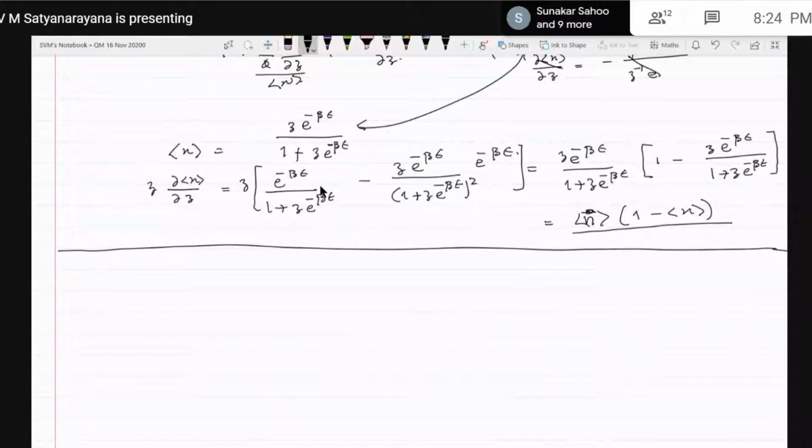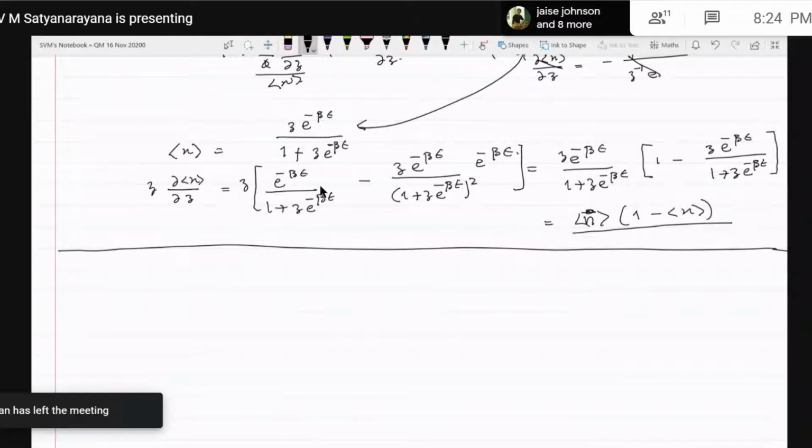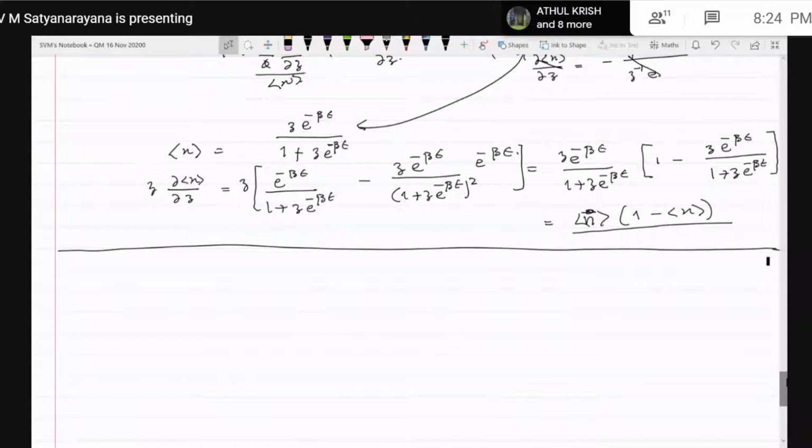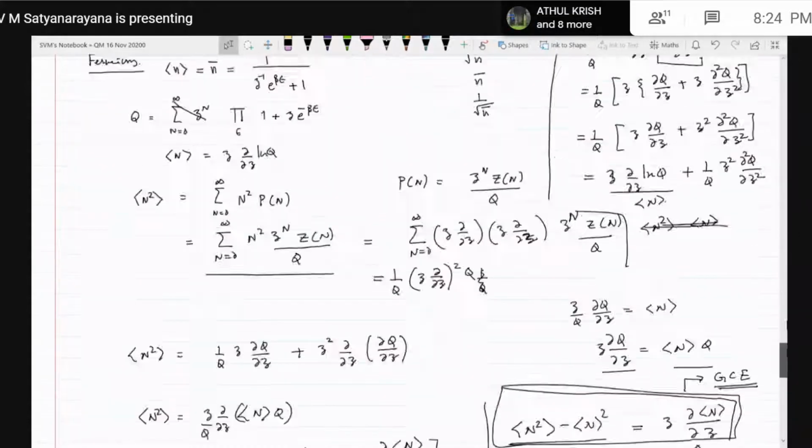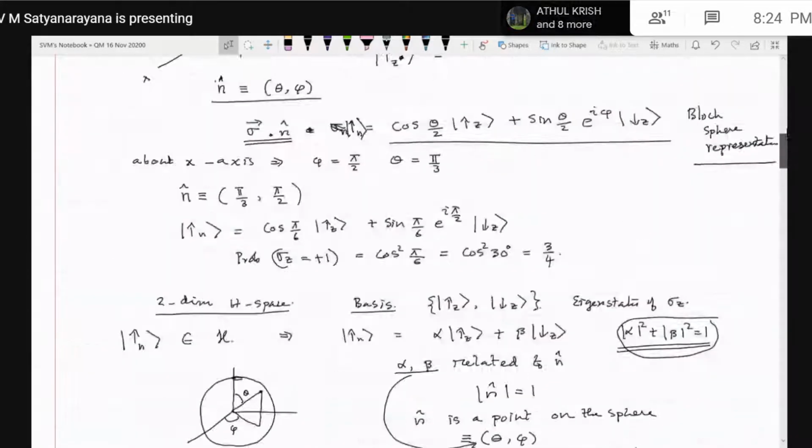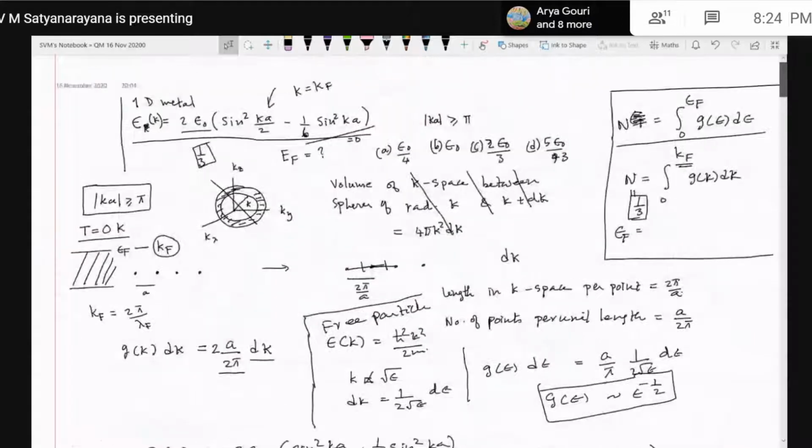Okay. Before I forget, I wanted to ask you whether there was any progress with some questions that we left yesterday. I think the first question you asked was about this dispersion relation.